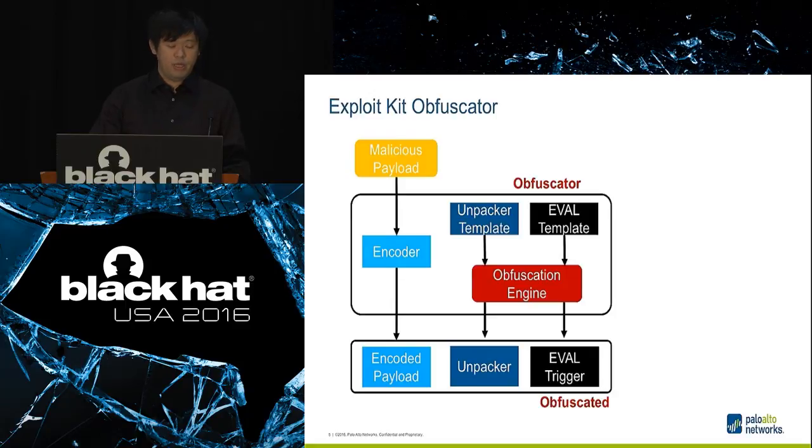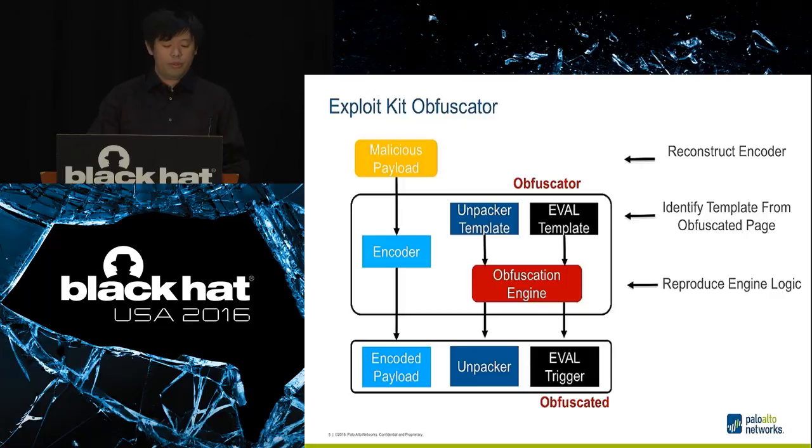Previous researchers mostly focused on the obfuscated page, which is the output. Our work wants to take a new angle: we want to focus on the obfuscator. We want to rebuild the obfuscator in order to reconstruct the encoder, identify the template from the obfuscated page, and also reproduce the engine logic of the obfuscation engine.